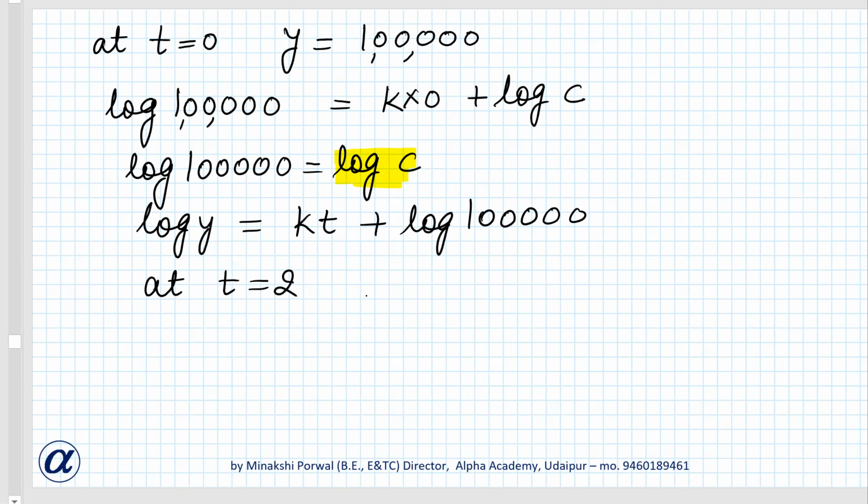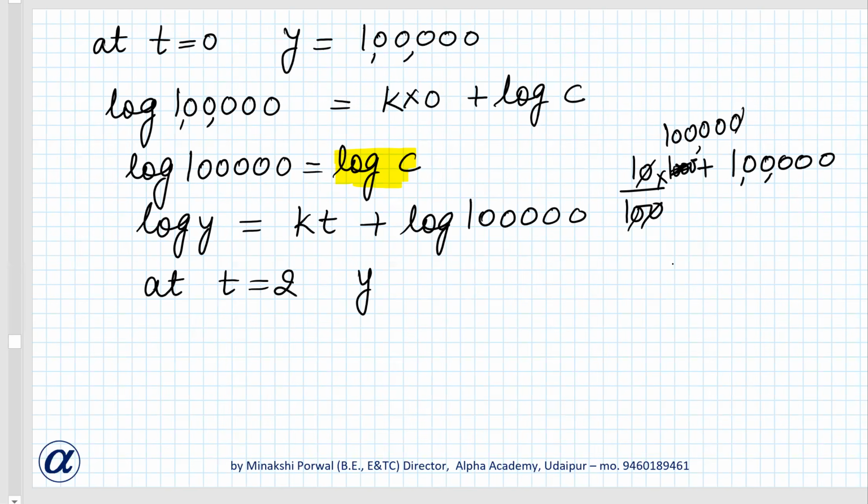Now, the second condition is given at t = 2. When time is 2 hours, the number is increased by 10%. If it is increased by 10%, initially it was 1 lakh, so it is increased by 10/100 of 1 lakh, that is equal to 10,000.